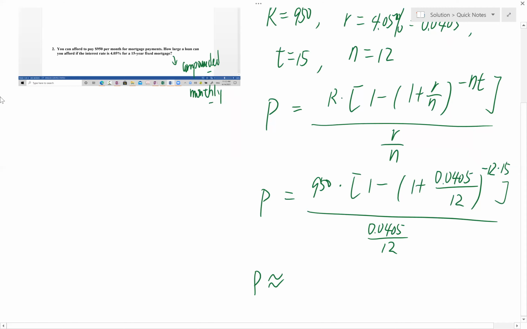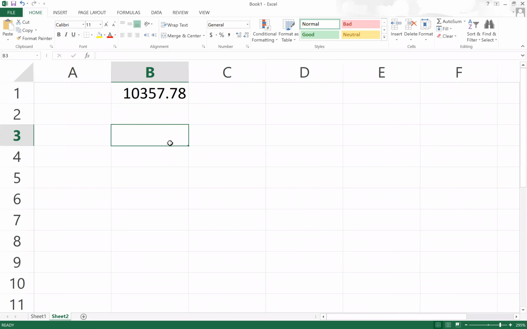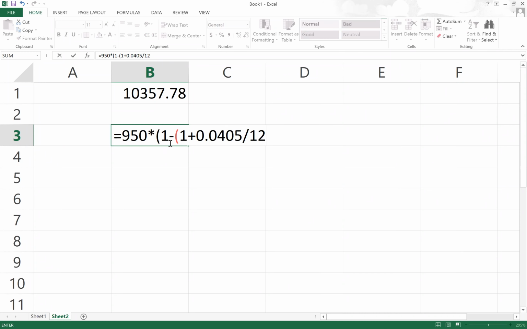All right, so now let's throw it in. Okay, so equals 950 times the numerator, which is 1 minus 1 plus the rate 0.0405 by 12 and raised to negative 12 times 15, close the big parentheses for the numerator, and divide by the denominator, 0.0405 by 12.